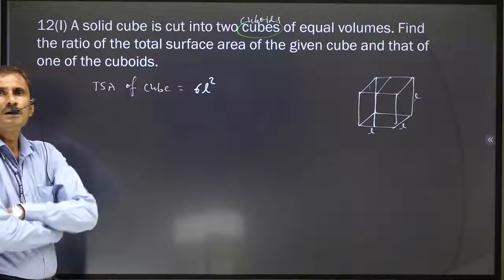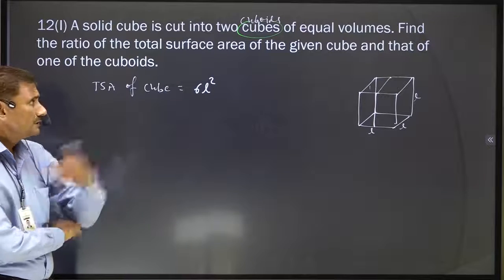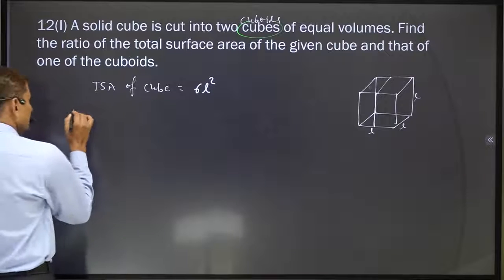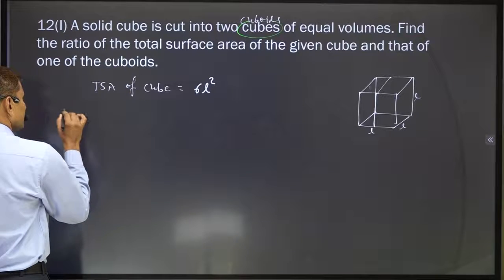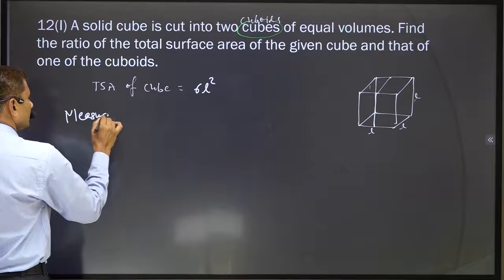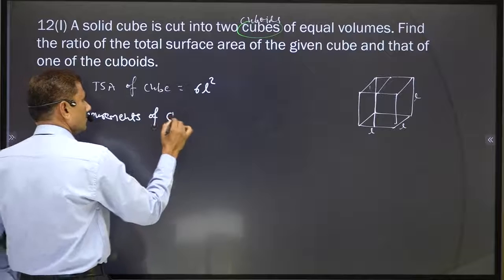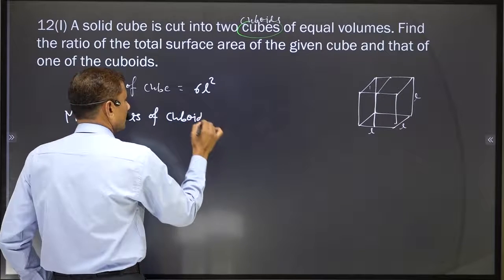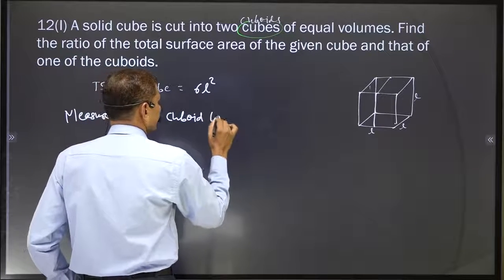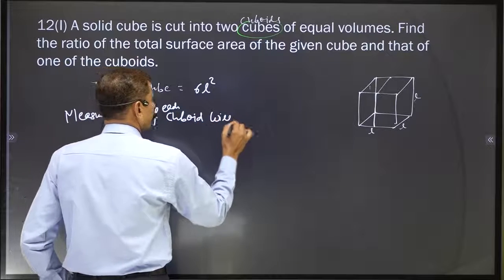Now for the ratio of the total surface area of the given cube and that of the cuboid, what will be the measurement of each cuboid?